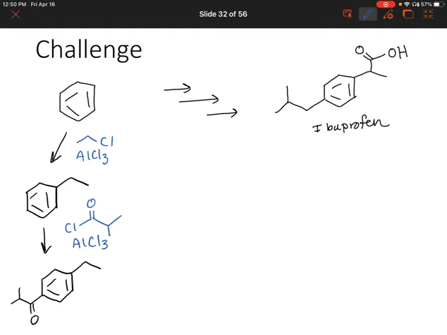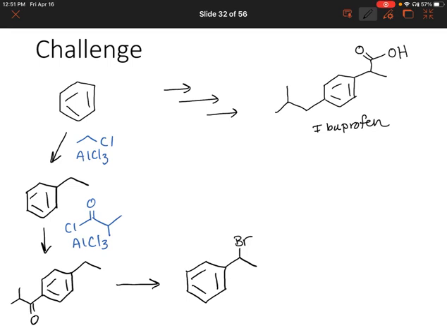Now, one thing though that I had to keep in mind as well is in the next step, I actually want to add bromine to my benzylic carbon. Because I want to turn it into a Grignard reagent eventually, so that I can then attach a carboxylic acid.